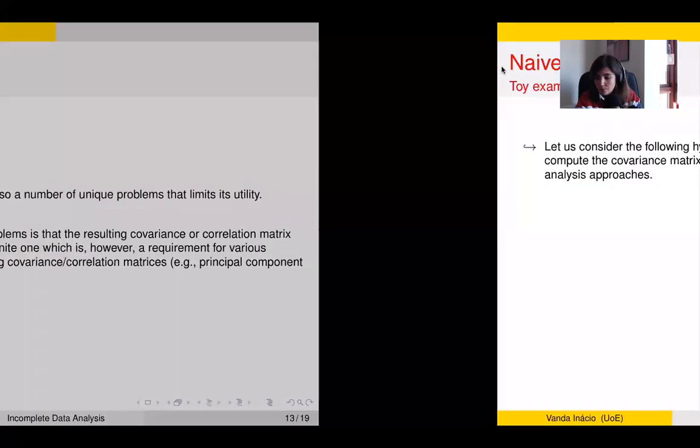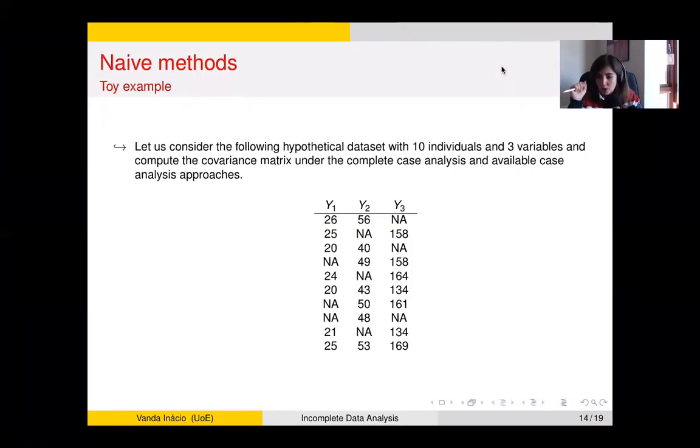To make ideas clearer, let us consider the hypothetical data set that we have listed here. We have three variables, y1, y2, and y3, and they all have missing values occurring at random. They can occur in any of the three variables for any of the individuals.